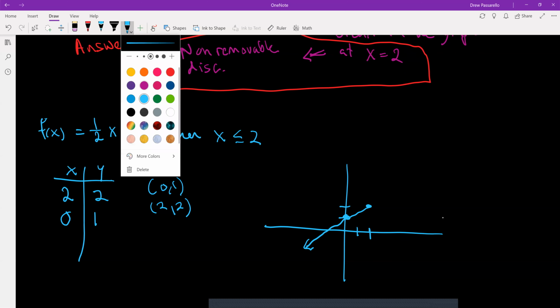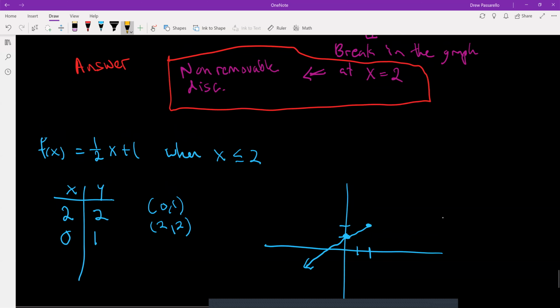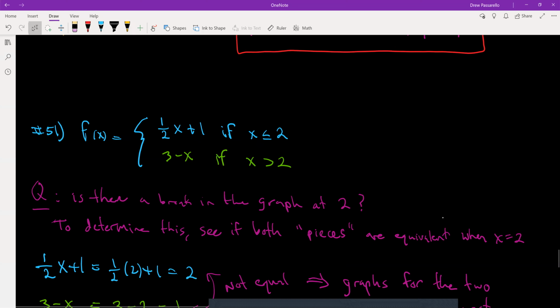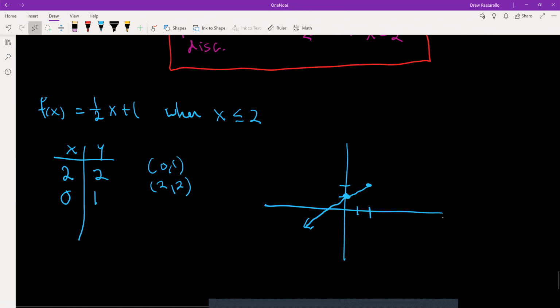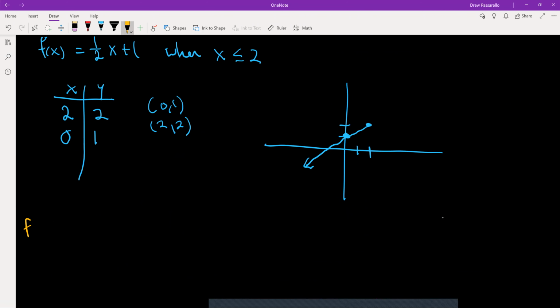The other piece, I'll do yellow. And the other piece was 3 minus x, if x is greater than 2. Well, we already know, kind of cheated a bit, but if x were to be 2, we know that that came out to be 1.